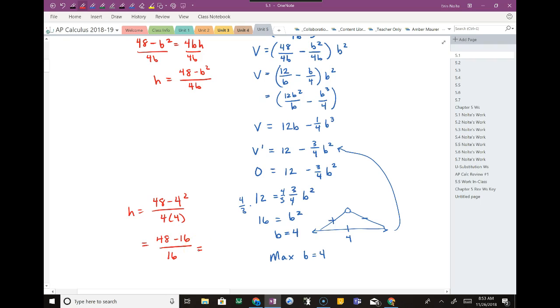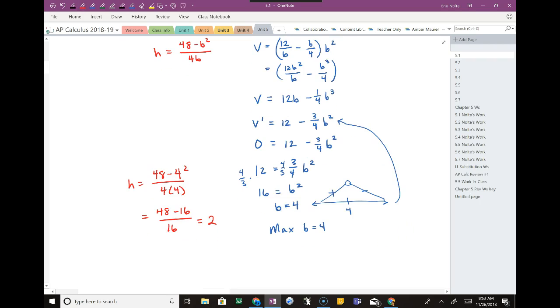And 32 divided by 16 is 2. Perfect. Doesn't it come out nice? So the dimensions of the box are going to be base 4 by 4 by 2. And we should label this in terms of what, centimeters?